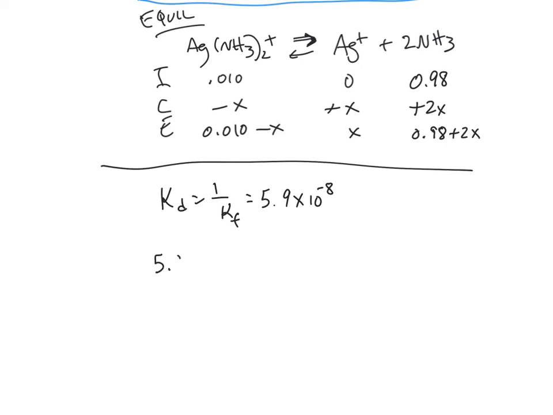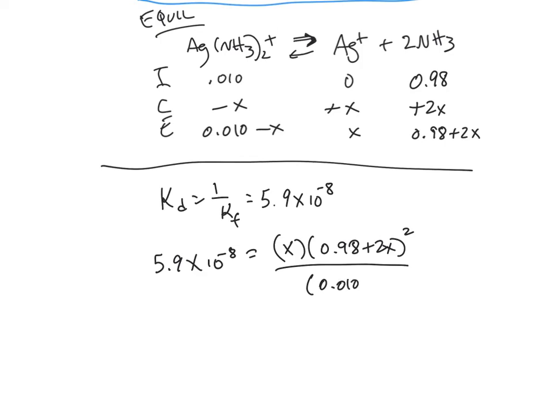So 5.9 × 10^-8 will be equal to x times 0.98 plus 2x quantity squared, and then divided by 0.010 minus x.